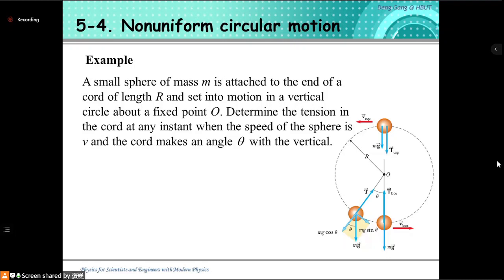It's in a vertical plane about a fixed point O. We want to determine the tension in the cord at any instant, when the speed of the sphere is v and the cord makes the angle theta with the vertical. So when it rotates to here, at angle theta with the vertical, we need to calculate the tension in this cord.